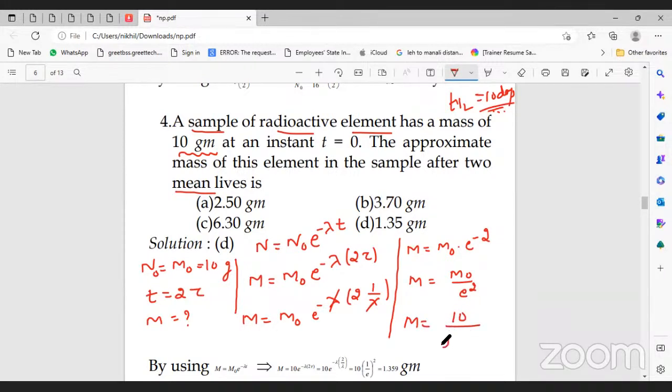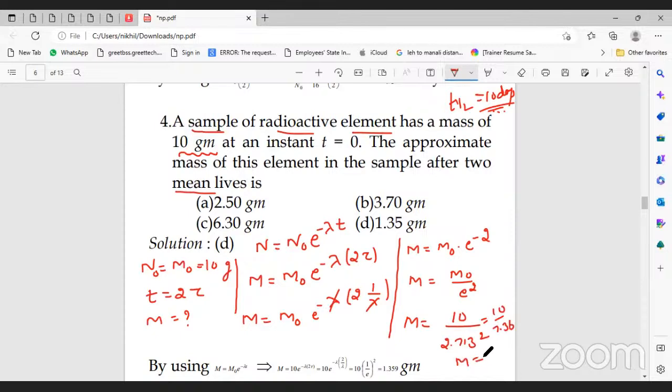You know that e is the Napier's constant, that is 2.713. So if you go with the simplification of this, 10 divided by 2.713 squared. First you have to calculate 2.713 squared. You will get approximately 7.36, I think.